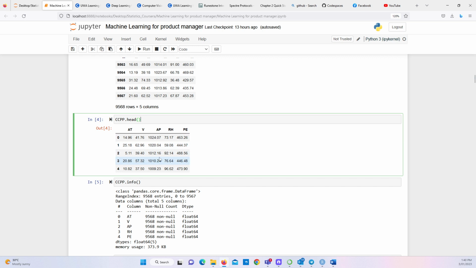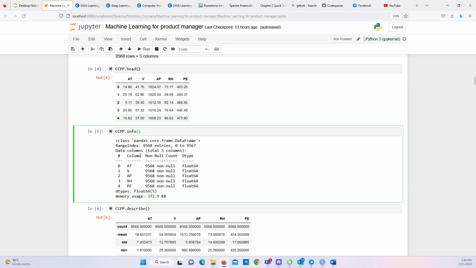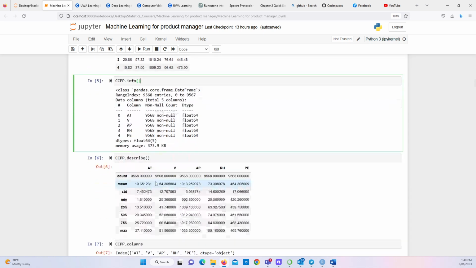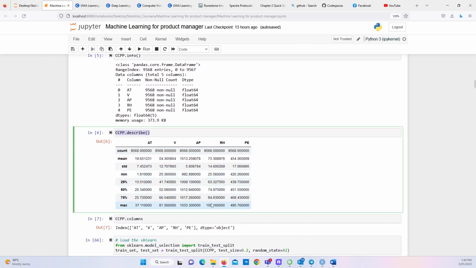You can see all this output, and the info command shows information about the columns. We also use the describe command to look at summary statistics if you are interested in the mean of each variable. Let's say the temperature, the mean is 19, then the standard deviation, the 25th, 50th, and 75th percentiles, minimum, and maximum as well.